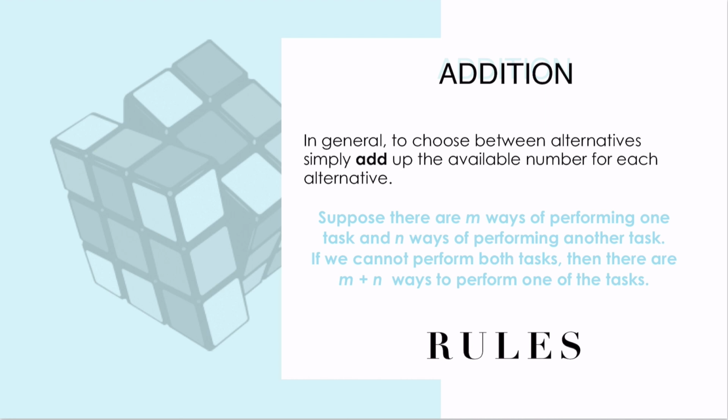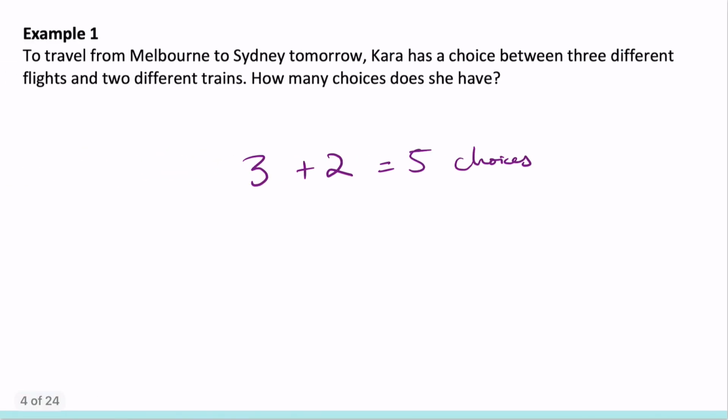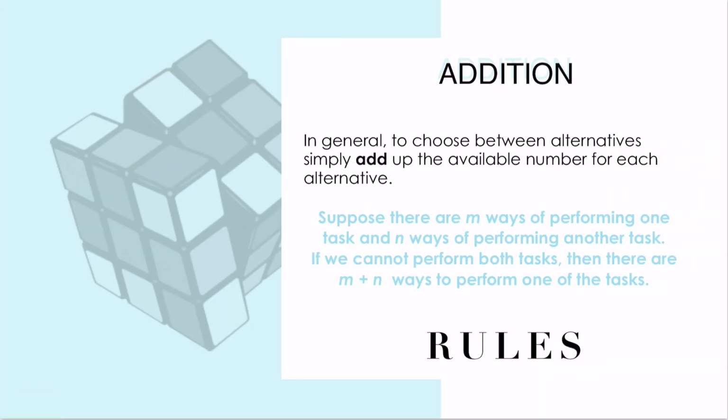So if I have m ways of doing something and n different ways of doing another task, the key here is that I can't perform both of the tasks. So in Kara's case, she can't catch both a flight and a train. She has to choose one or the other. Then there are m plus n ways to perform this task. And the word that can really help you out with this is the word or. She can either do this or this, and that is what we usually associate with adding.